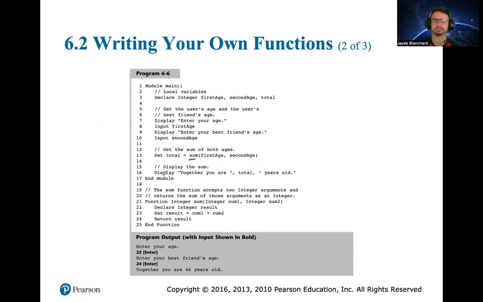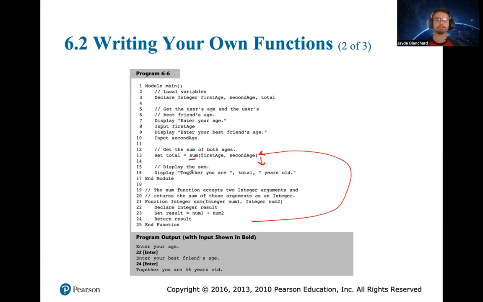Even though there is a display statement right here, it's just going to skip it. It's going to skip line 17 and all of the comments, find the sum function, and perform whatever actions are inside of it. Then it's going to go all the way back to line 13. So even though we skipped all of these, we're still going to return to line 13 and keep going with the execution of our program.